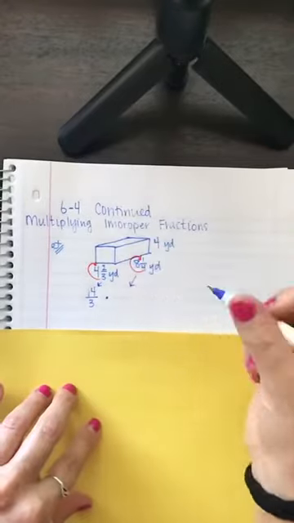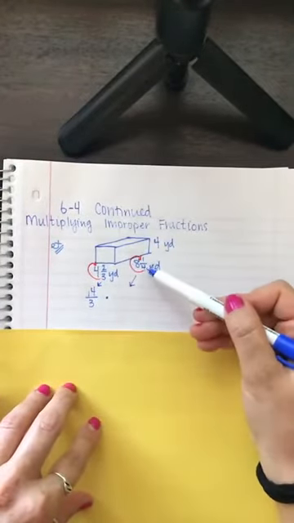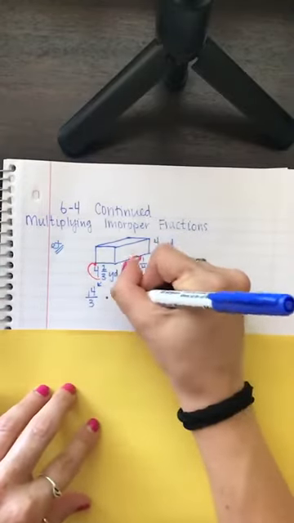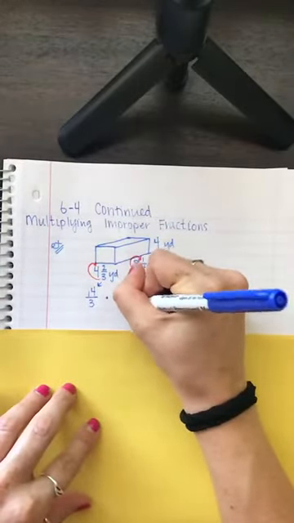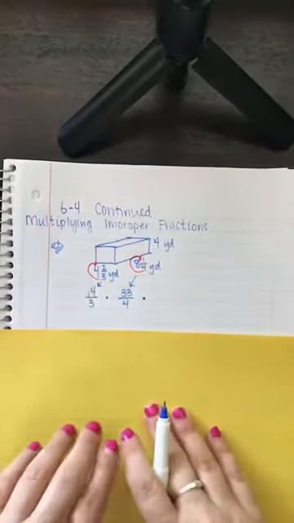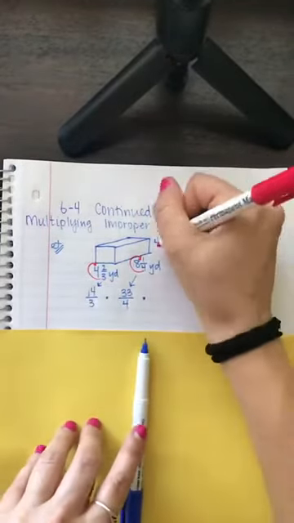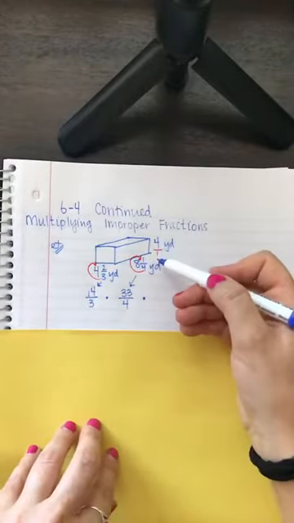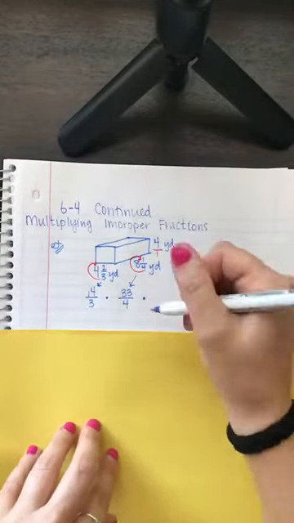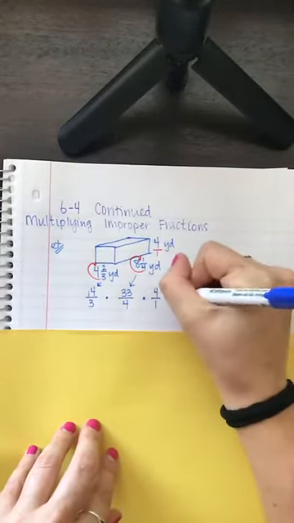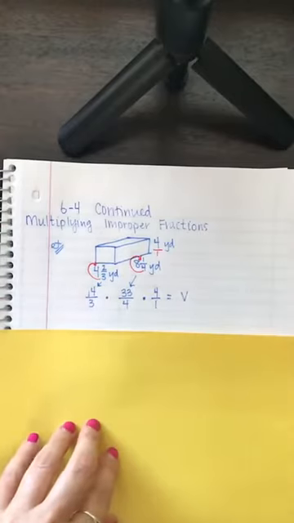Times this one here becomes 8 times 4 is 32 plus 1 is 33 over 4, times 4. Remember from the previous lesson that this fraction is just going to be over 1. A whole number over 1 is still that whole number. And this will give me my volume.